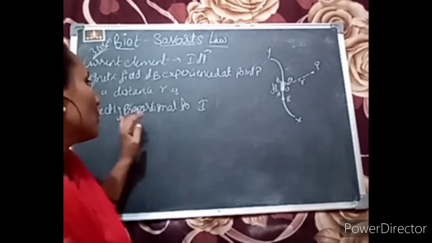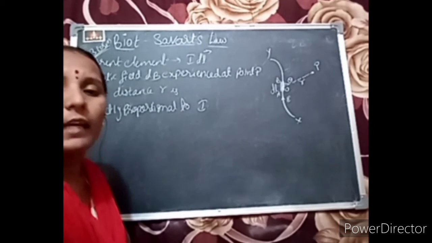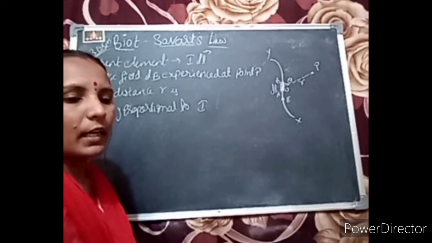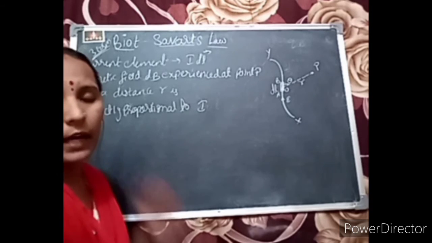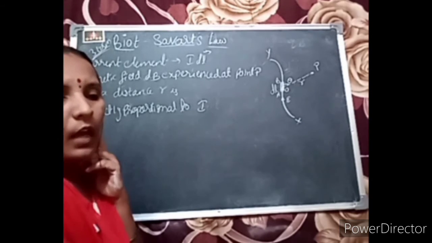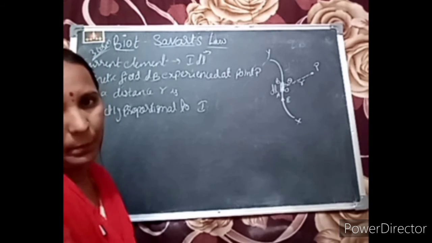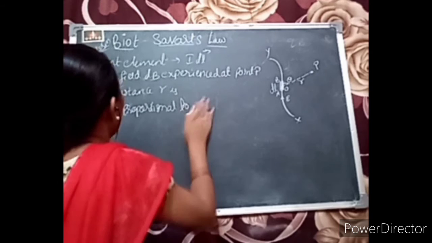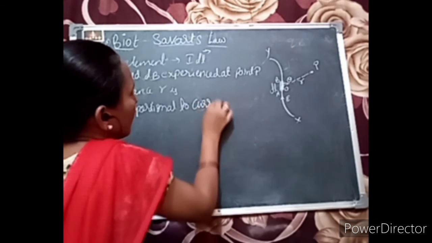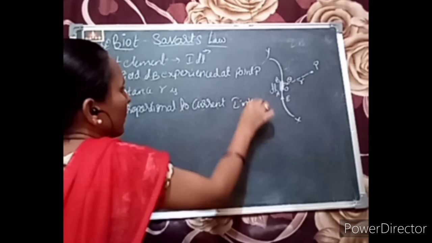Directly proportional to the electric current, then the length element, then directly proportional to the sine of the angle theta between the wire and that point, and inversely proportional to the square of the distance between them. Try to understand. Idl sin theta by r square. First, directly proportional to the current I in the wire.